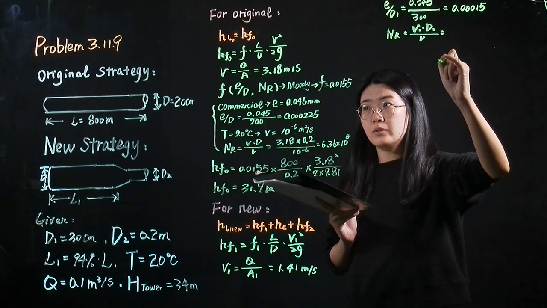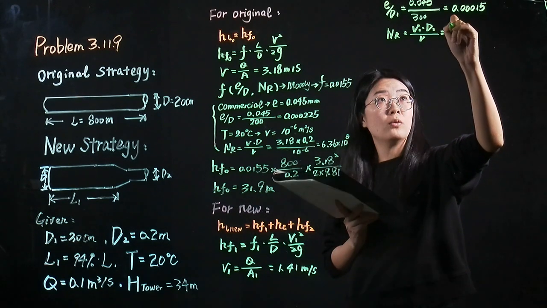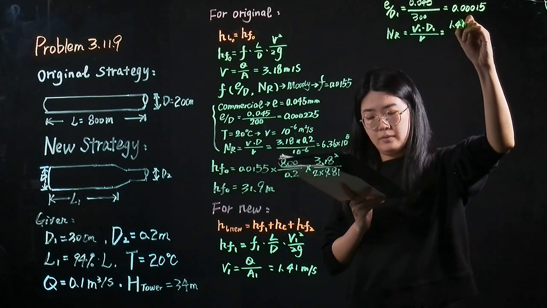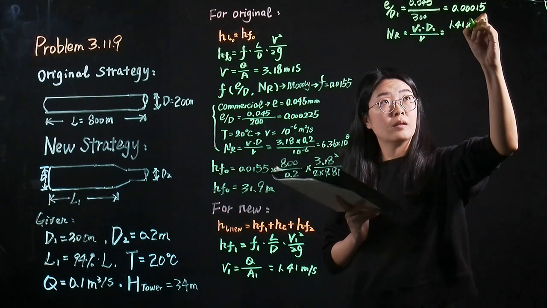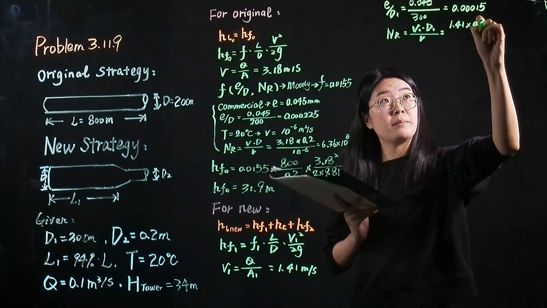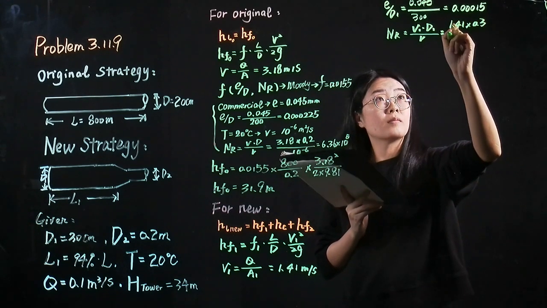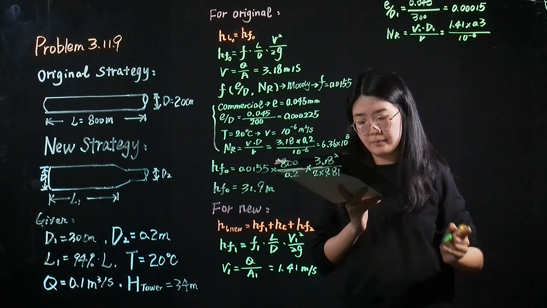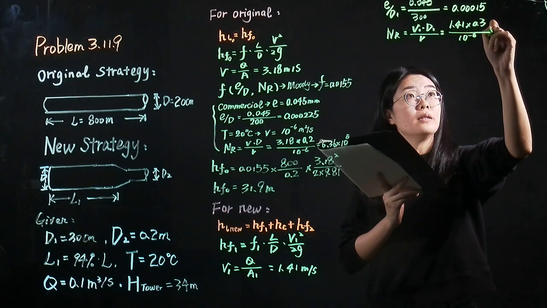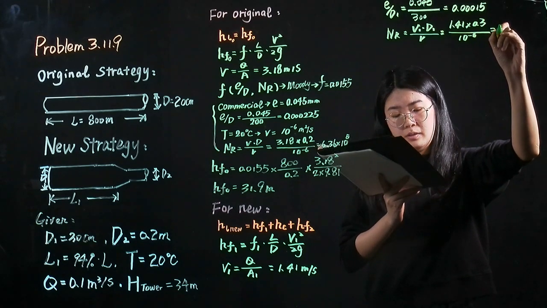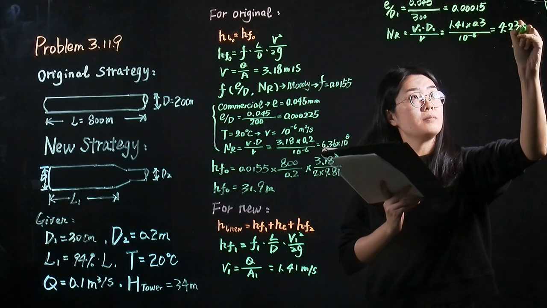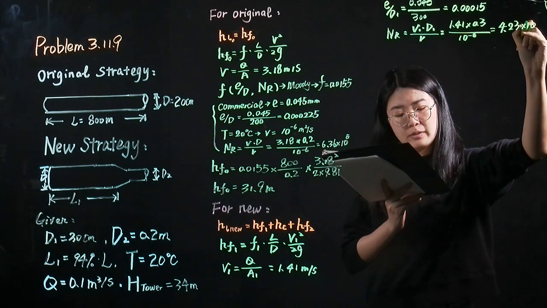It is equal to 1.41 times 0.3 meter over 10 to the power of minus 6. It is equal to 4.23 times 10 to the power of 5.